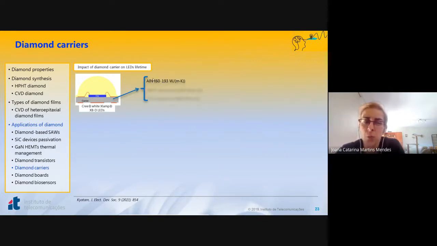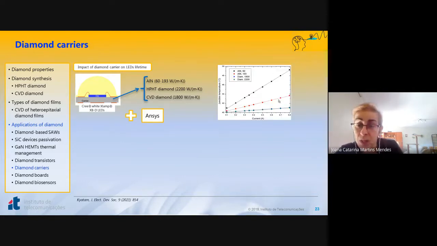And we wondered what would happen if we replace this carrier with HPHT diamond or with CVD diamond. And we've done this with simulations with ANSYS. So we estimated what would be the junction temperature for different current ratings if you replace this carrier with low quality aluminum nitride or high quality and the two different types of diamond.